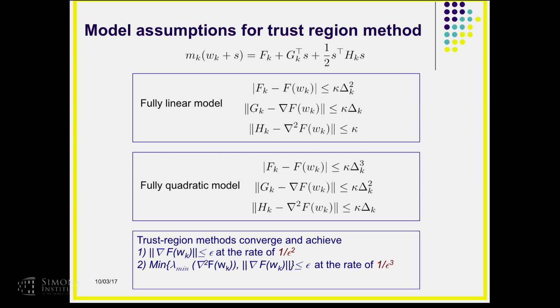OK, so for the deterministic case, the theory for the trust region method is roughly like this. So if this is my model, we call them fully linear models or fully quadratic models to distinguish that they're kind of like Taylor, but not quite. So what does it mean, Taylor model, up to first order?